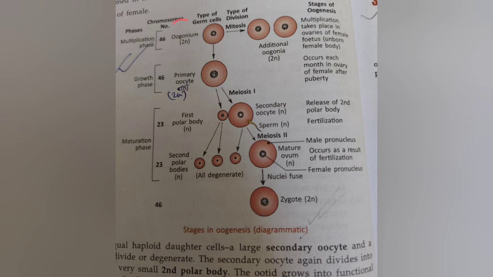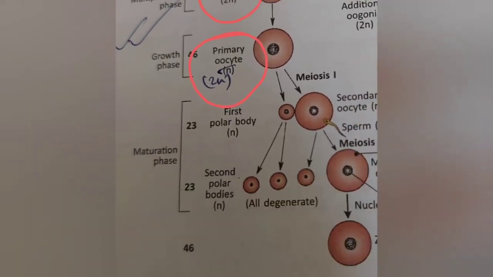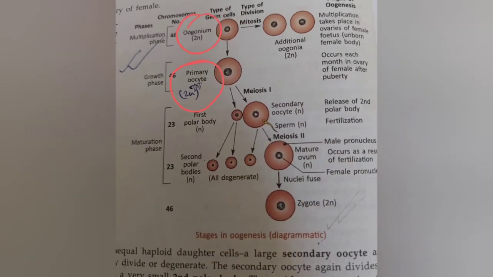So from diploid oogonium, primary oocyte will be formed, which again is diploid. In your book it might be written as N, but cut that out, it will be 2N. This phase is known as the growth phase, and here the chromosome number remains the same. It does not change.